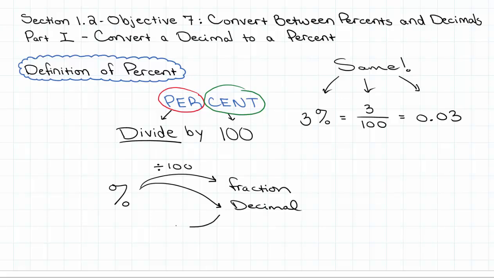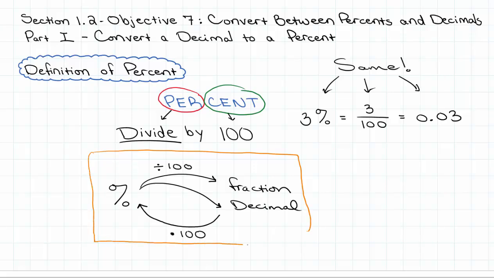If I want to go backwards, then I need to do the opposite operation. The opposite of dividing by 100 is multiplying by 100. If I remember this little diagram right here, then I can't go wrong. I'm never going to forget what it is I'm supposed to do to convert back and forth.